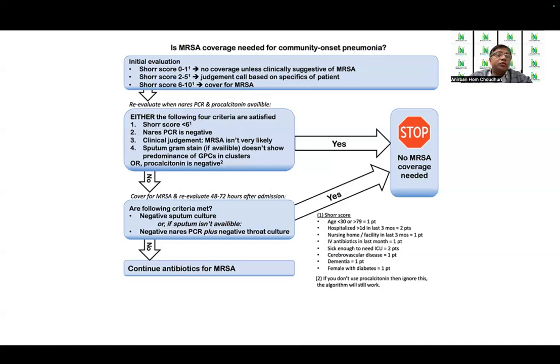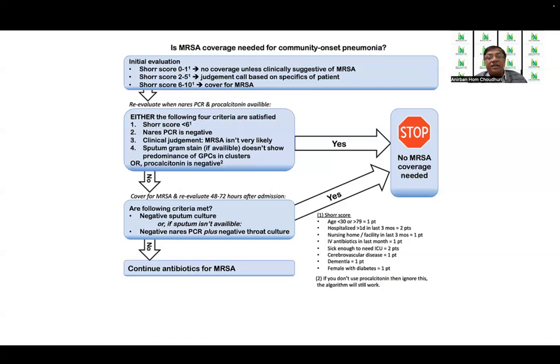Now, these patients need to be re-evaluated when nasal PCR and procalcitonin are available. So either 4 of the criteria should be satisfied: the SHORE score is less than 6, the nasal PCR is negative, on clinical judgment MRSA isn't very likely, sputum Gram stain, if available, doesn't show predominance of gram-positive cocci in clusters, or procalcitonin is negative.